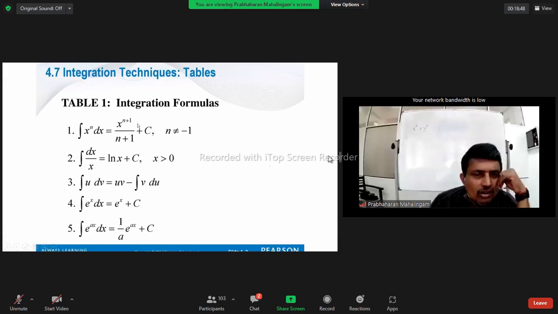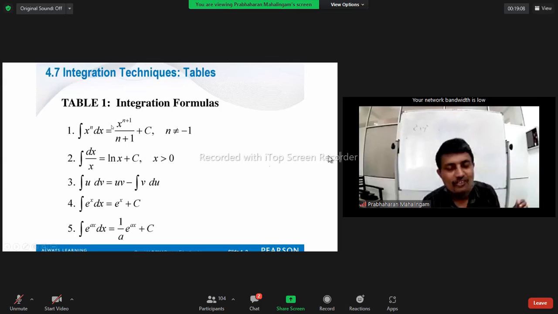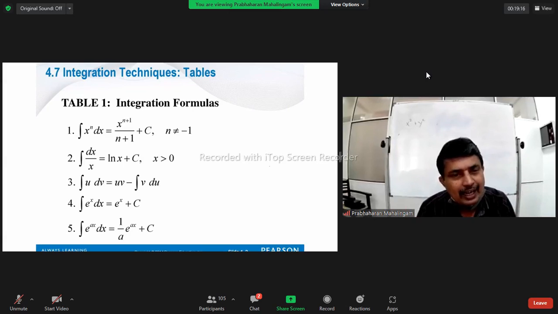So it should be infinity as the answer, but infinity here in the integration is not an absolute number. Very correctly speaking, infinity is not an absolute number. It may be 1 or 1,000 or 1 lakh or 1 million. We don't know. So an absolute answer won't be there. So that is why here the condition is that n can never be minus 1.